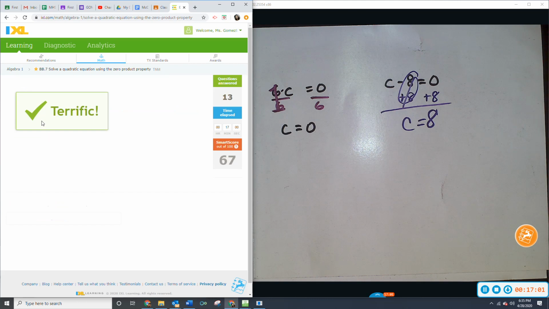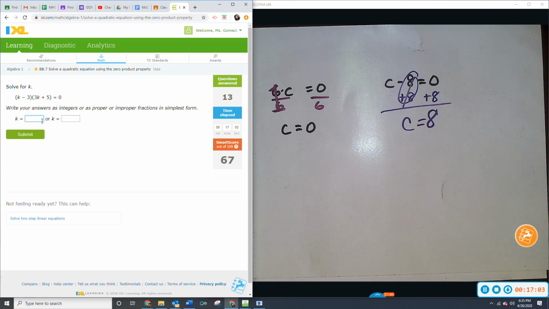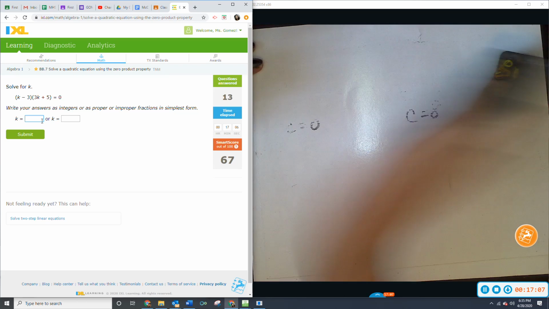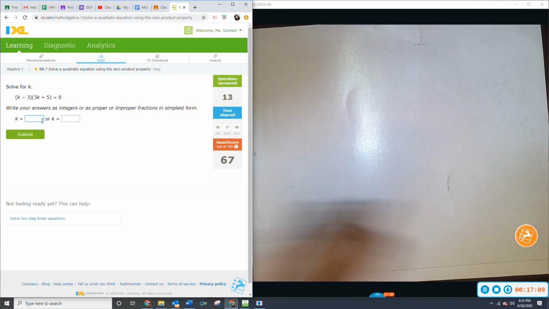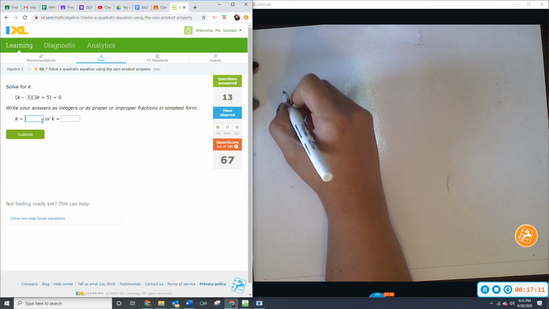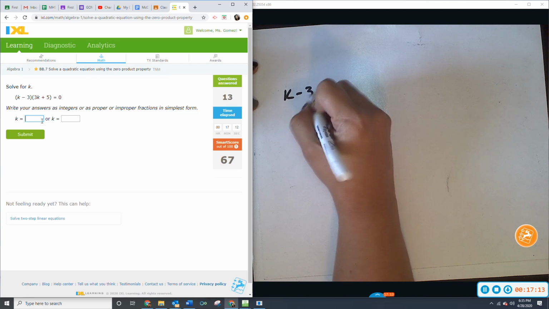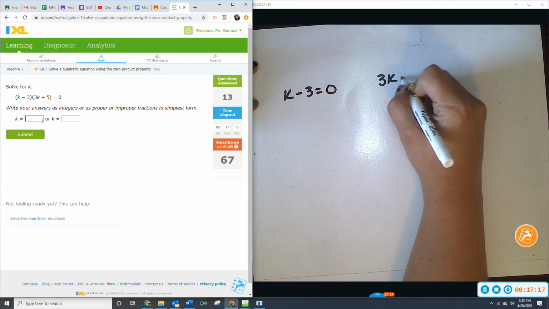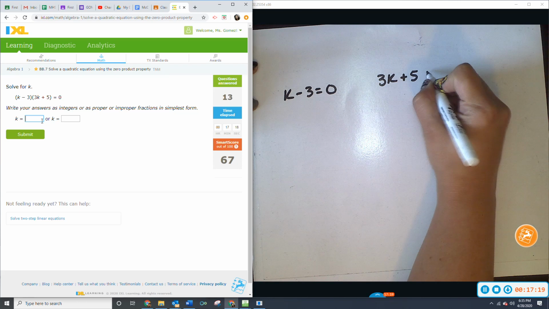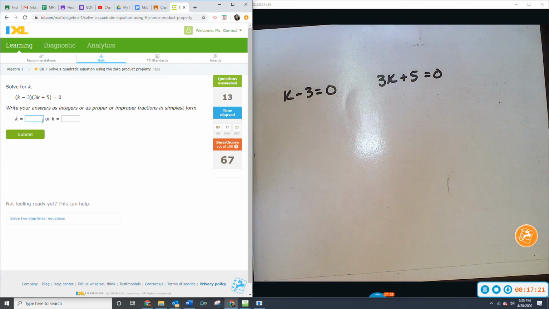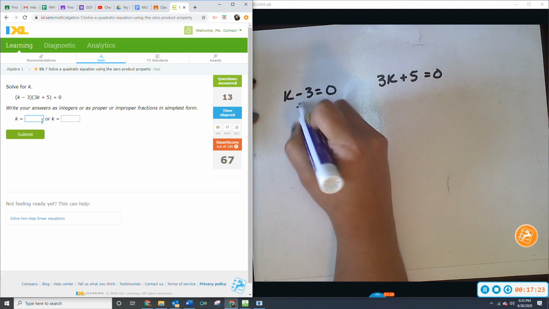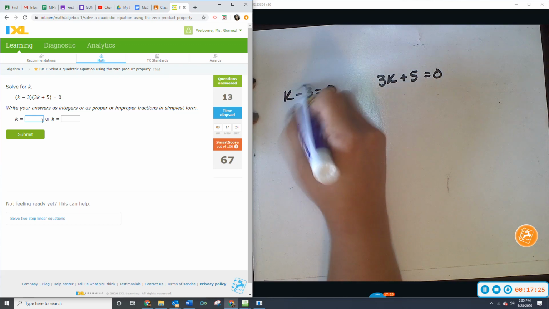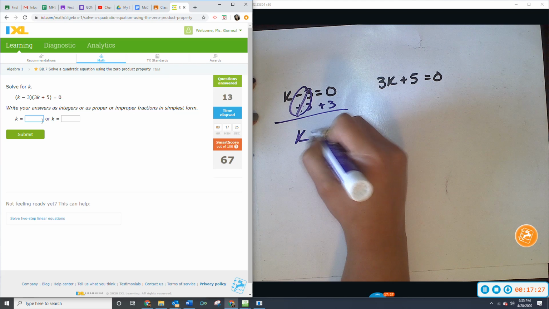0, 8, doesn't matter. Now, from this point forward, it really is just as easy all the way across. So my first factor is k minus 3 is equal to 0, and 3k plus 5 is equal to 0. All right. Add 3, that eliminates, k equals 3.